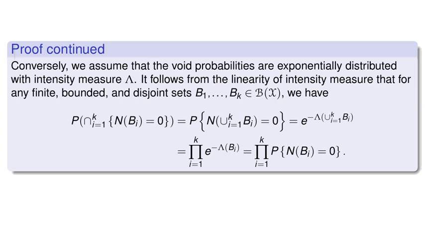Continuing the proof, conversely, let's assume that the void probabilities are exponentially distributed with intensity measure lambda.